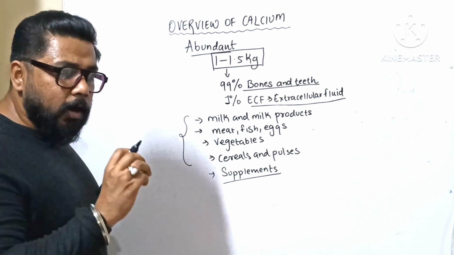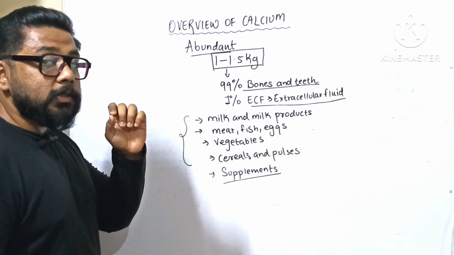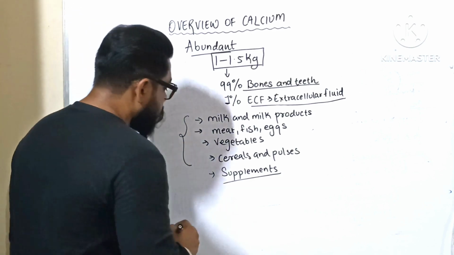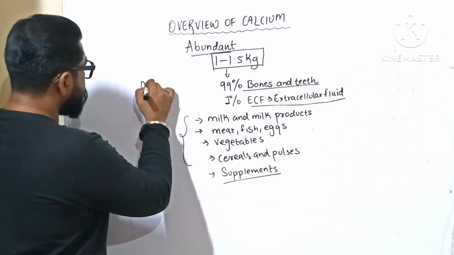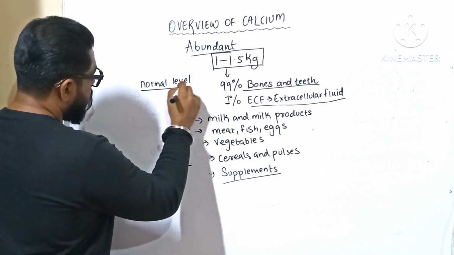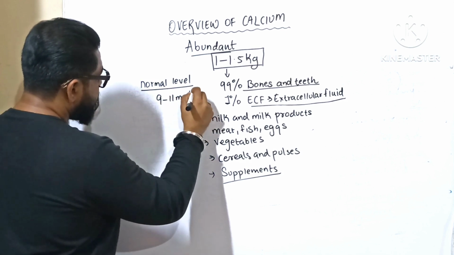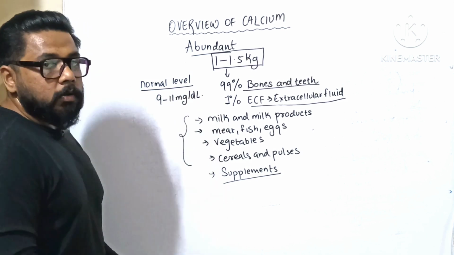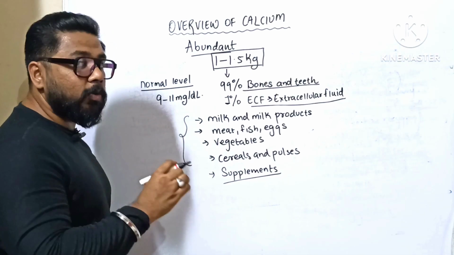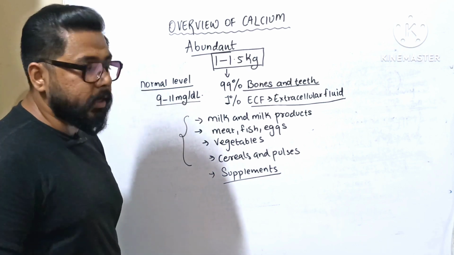How much calcium is regulated by the body, or what is the normal level of calcium in the blood? The normal level of calcium found inside the blood is around 9 to 11 milligram per deciliter.